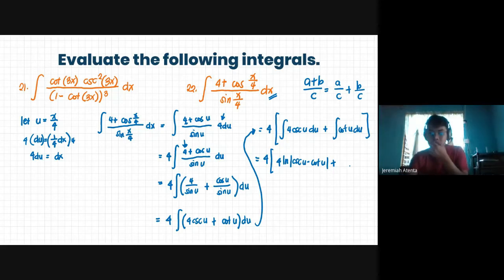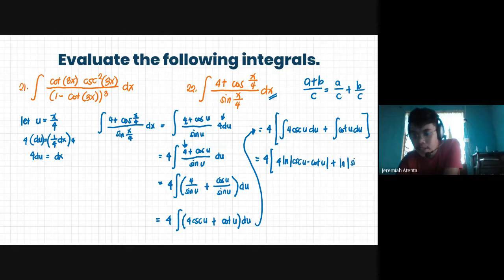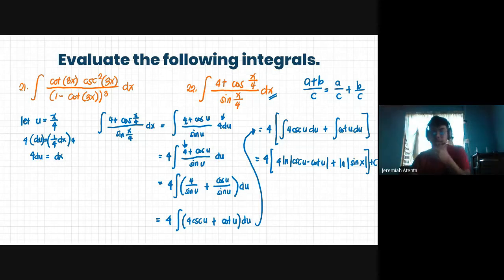The integral of cotangent is, I think, positive ln of sine. Am I right? Sine x, cosine over sine. Yeah, sine x. I'll just put plus c in the last part. Right?